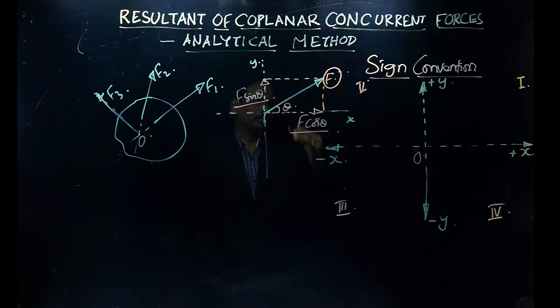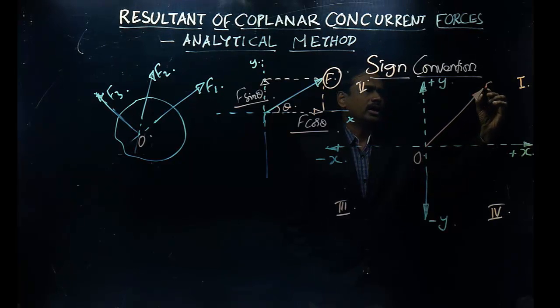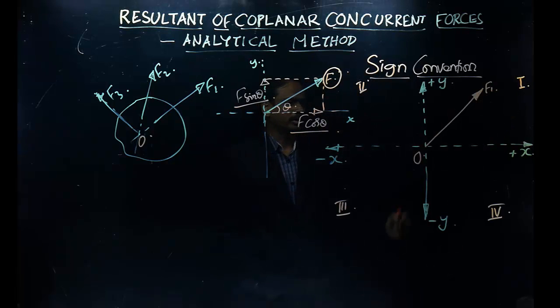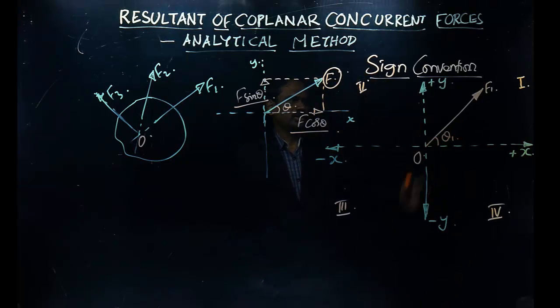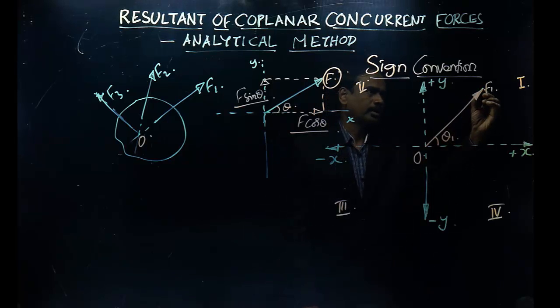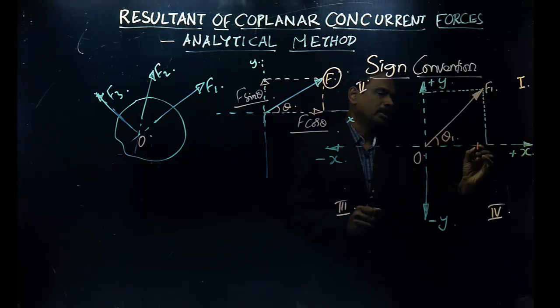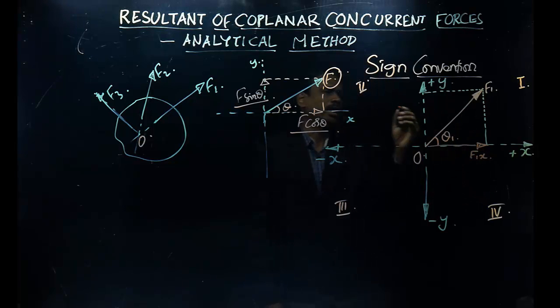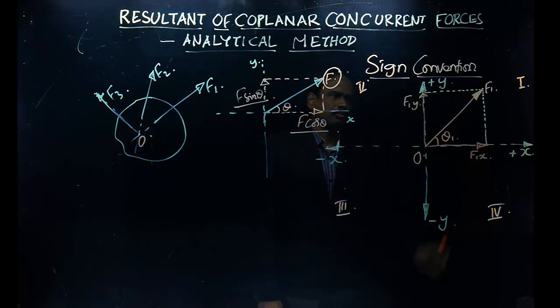Now, let's try to represent each and every force. Say, this is F1, let's assume that it is lying in the first quadrant, and let this angle be theta 1. Then what are its x component and y component? All I have to do is project this force, or draw lines parallel to the y-axis and x-axis. Wherever they meet the respective axis, you will get the x component of F1, and this will be the y component of F1.